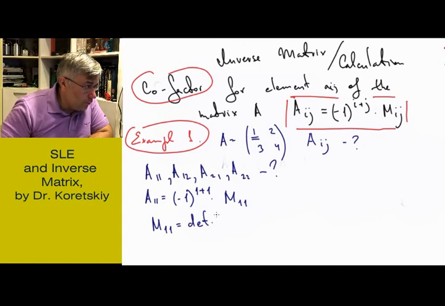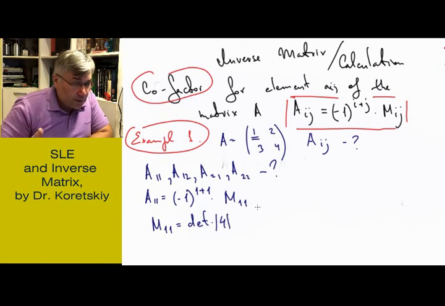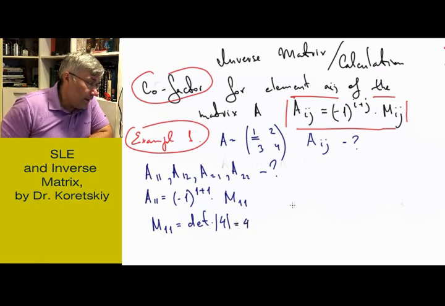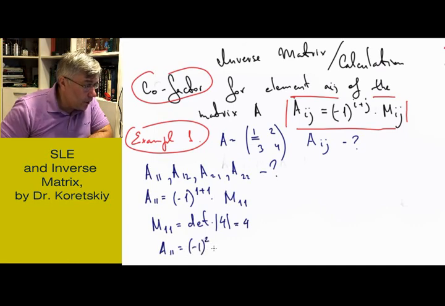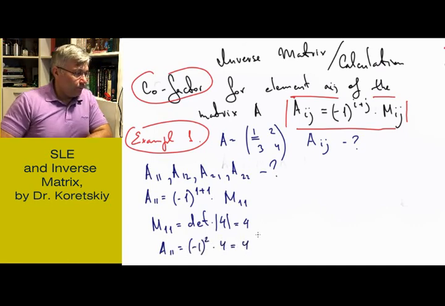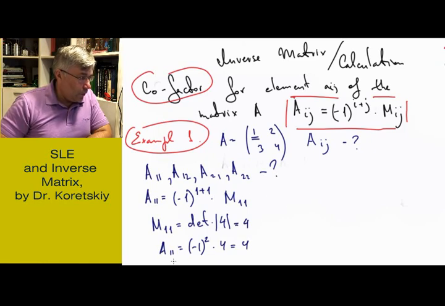Determinant of the matrix 4, you know the determinant of the 1 by 1 matrix gives the element of the matrix, so it is 4. Since that, A11 equal minus 1 raised to power 2 times 4, and it is 4. So we know now A11.